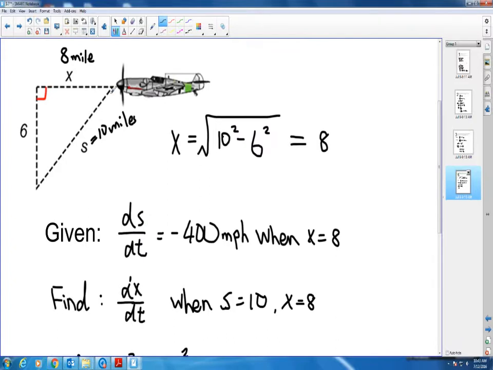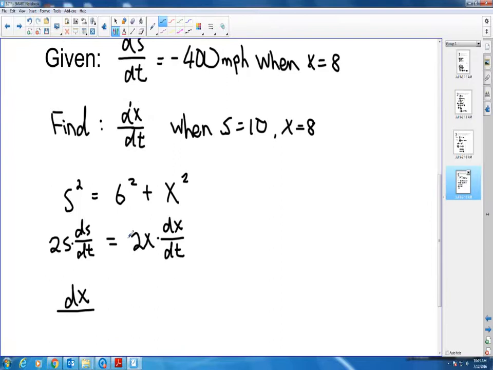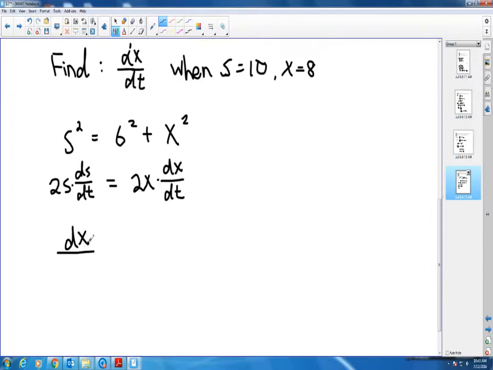How many miles per hour, how many miles going this way divided by the time. That's why we're using the x direction. If I divide by 2x on both sides, that would be 2s over 2x times ds dt.